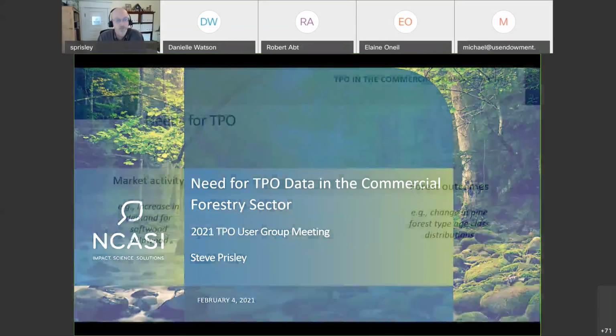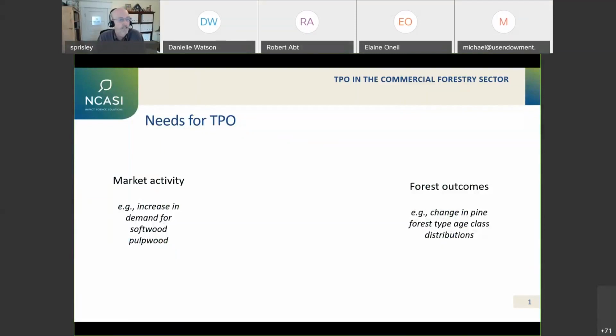And in the most general sense, we all know this, that on one side we have market activity in forest products markets, and on the other side we have forest outcomes. So for example, if we have an increase in the quantity of softwood pulpwood demanded, we might see outcomes like changes in the pine forest class, forest age type, age class distributions.